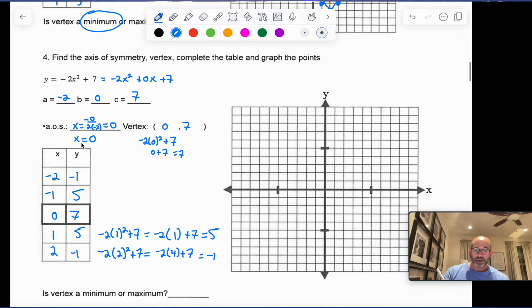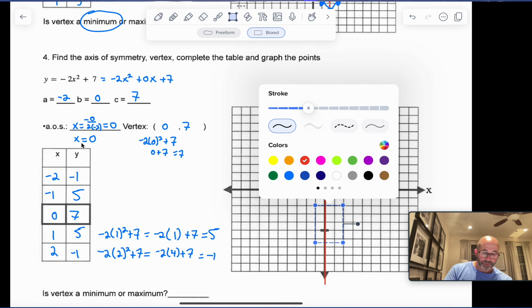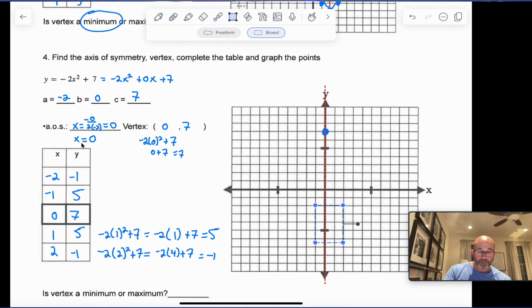Okay. So plotting our points, we're going to have a vertex at 0, 7. We have an axis of symmetry of 0. So x is equal to 0, which will look like this. Again, I'm going to go ahead and make that a dotted line. Okay.